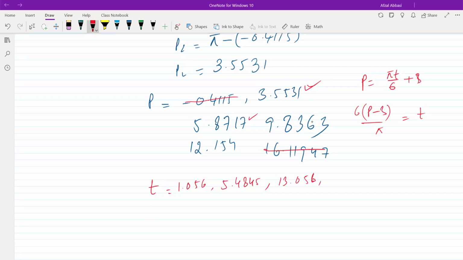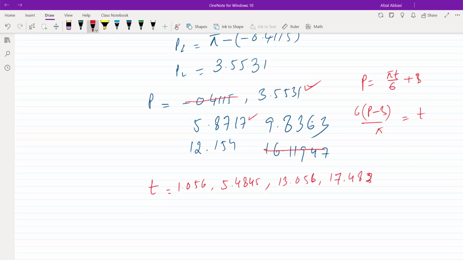And lastly, although I have got my answer, let's find the last value also. So subtract 3 times 6 divided by pi, we get 17.483.